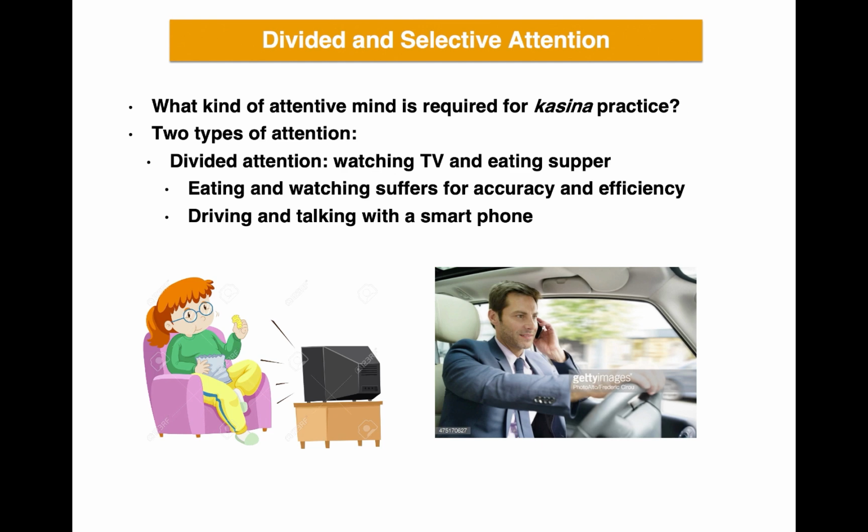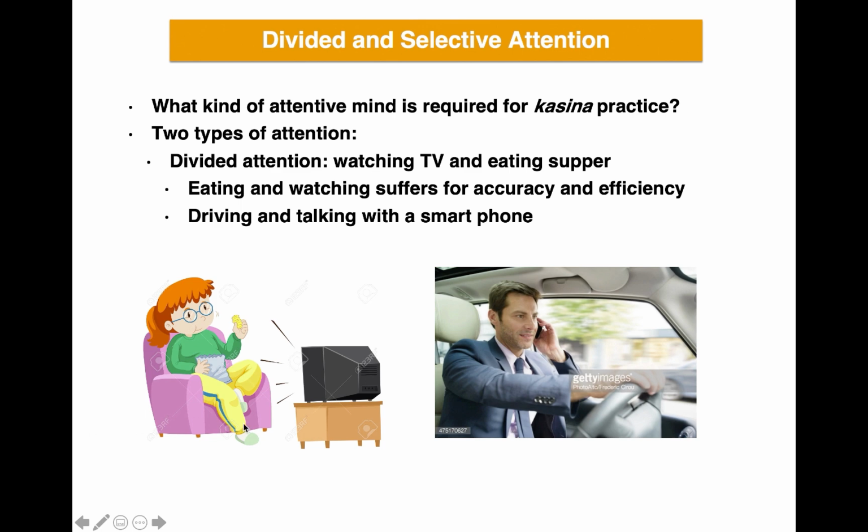What kind of attentive mind is required for Kasina practice? There are two types of attention. One is divided attention, the other one is selective attention. Divided attention is like, if we look at the left panel, doing two tasks at the same time, such as watching TV and eating supper. You think that you are doing well on two tasks or multiple tasks, but actually the efficiency drops.